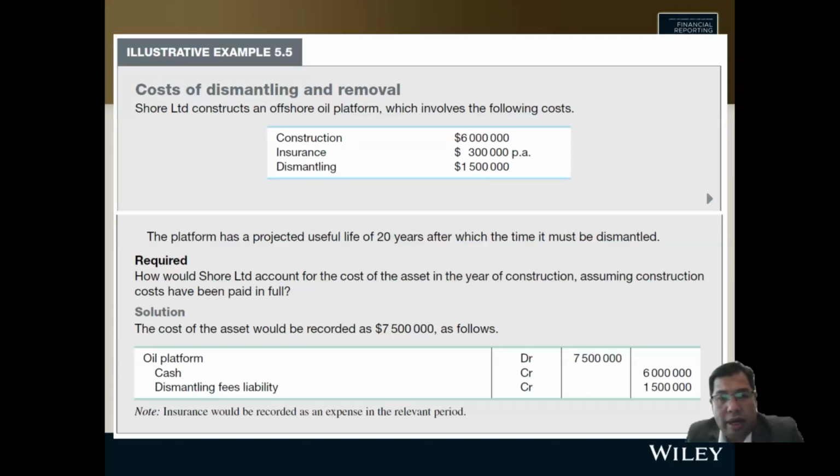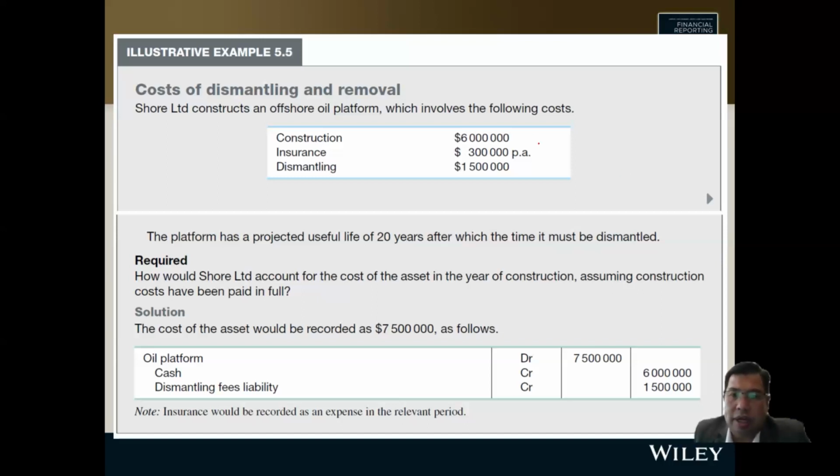We can go to another example about the cost of dismantling and removal of an asset. This is about an offshore oil platform. Shaw Limited constructs an offshore oil platform which involves the following costs.